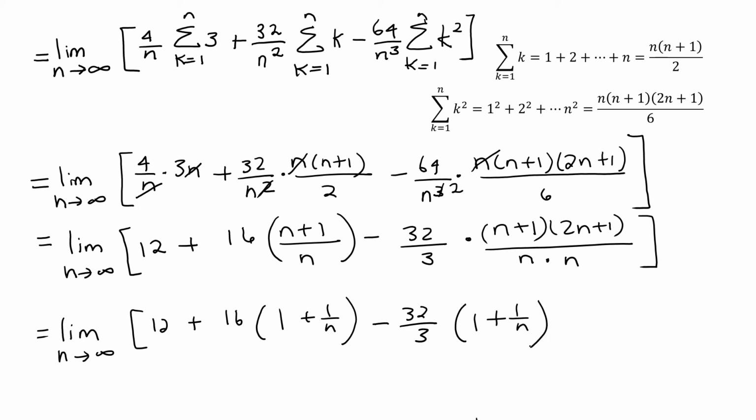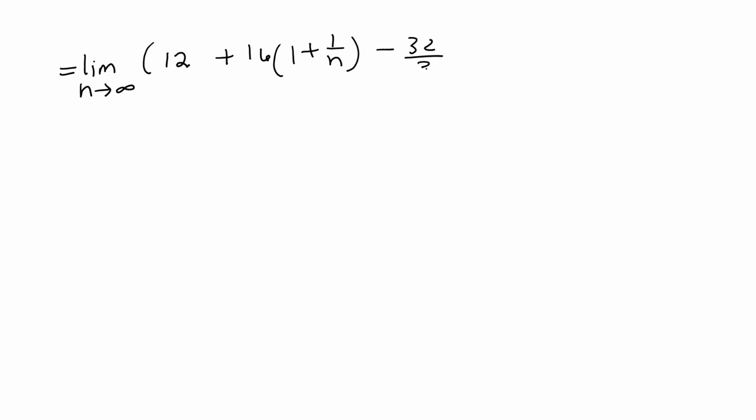And 2n plus 1 divided by n, term by term division, that'll give you 2 plus 1 over n. We are ready to take the limit as n approaches infinity of 12 plus 16 times the quantity 1 plus 1 over n minus 32 thirds times 1 plus 1 over n times 2 plus 1 over n.